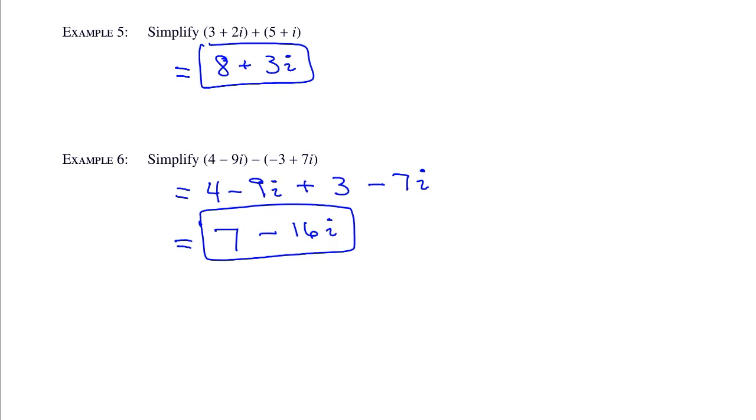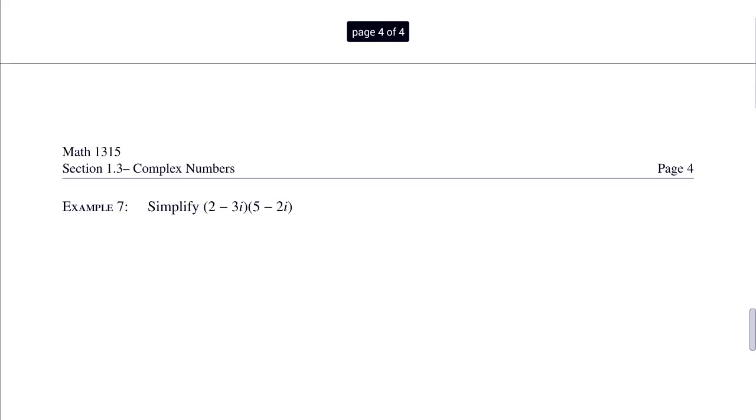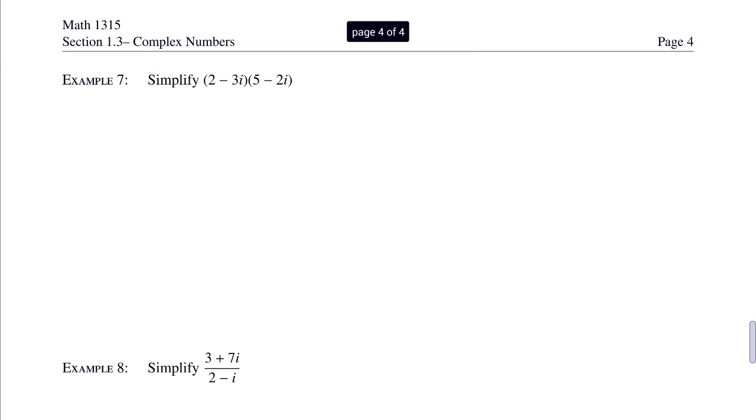In example 7, we have multiplication, and it works just like multiplying any other type of polynomial. So we have 2 minus 3i times 5 minus 2i. I'm going to take the 2 and distribute that to the second complex number, 5 minus 2i.